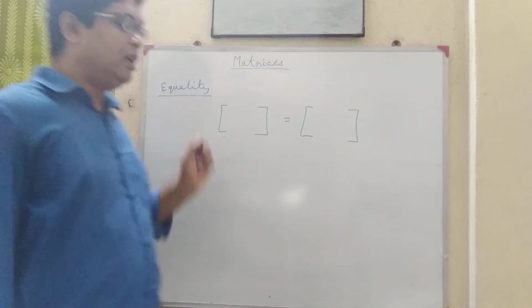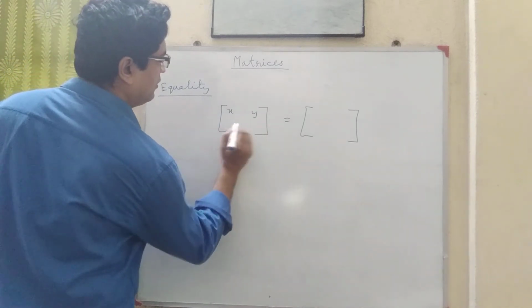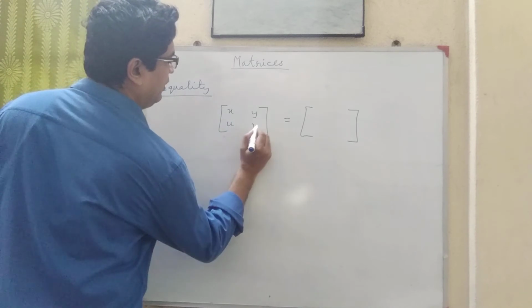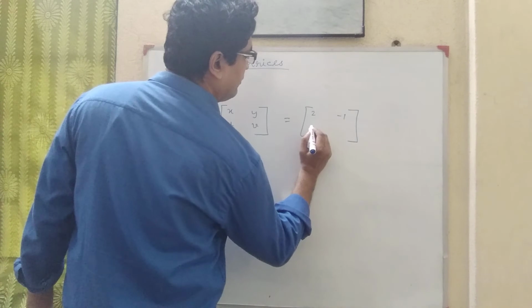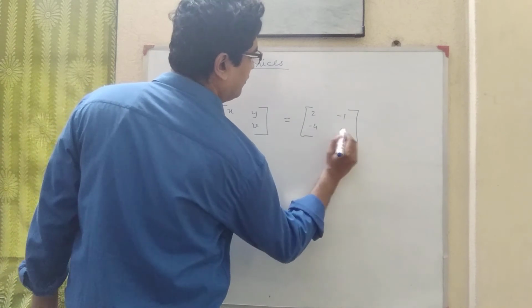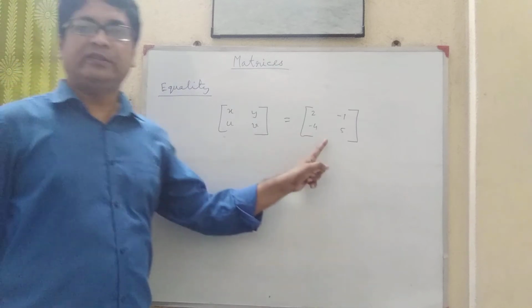That is, suppose here I am writing x, y, u, v, and here I am writing 2, -1, -4, 5. So here we can say whether these two matrices are equal.